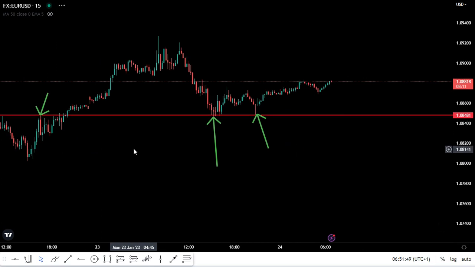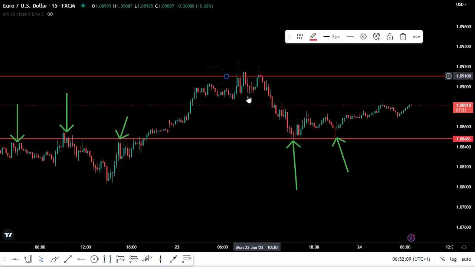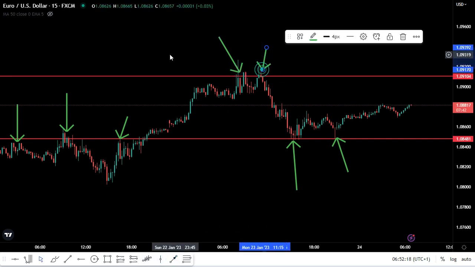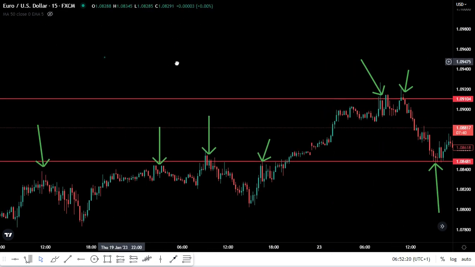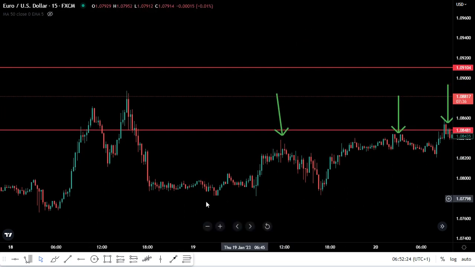Talking about resistance, we also have this level right here, which is the price serving as resistance at this zone, and also here. So now what we are going to be looking at is when the price comes back to that level.